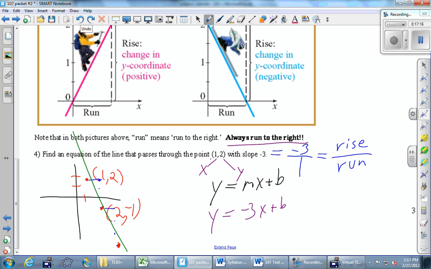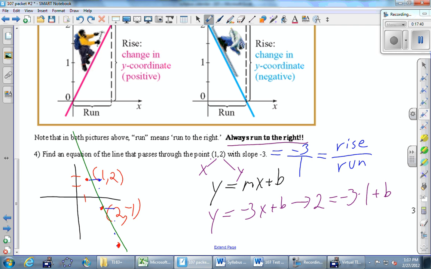And I can take that x and that y and throw it into this equation, and the only letter that will still be there is which one? b. And I'll be able to find b. So let's plug them both in. So this guy becomes, instead of y, 2, the y coordinate, equals -3 times, instead of x, 1, plus b.